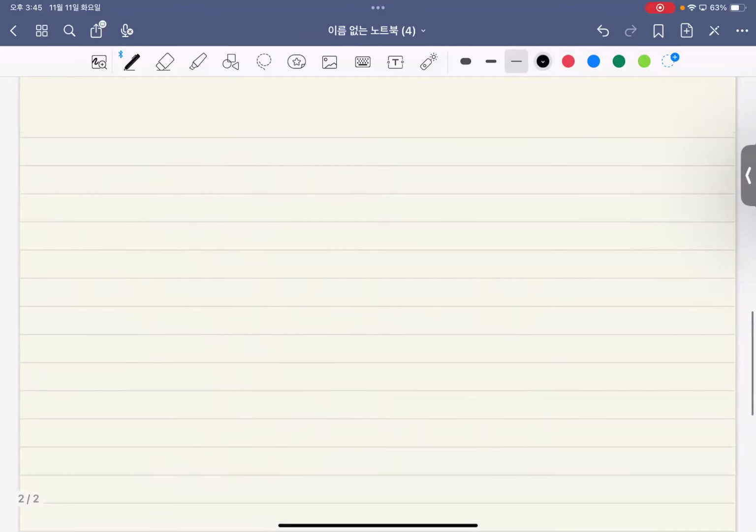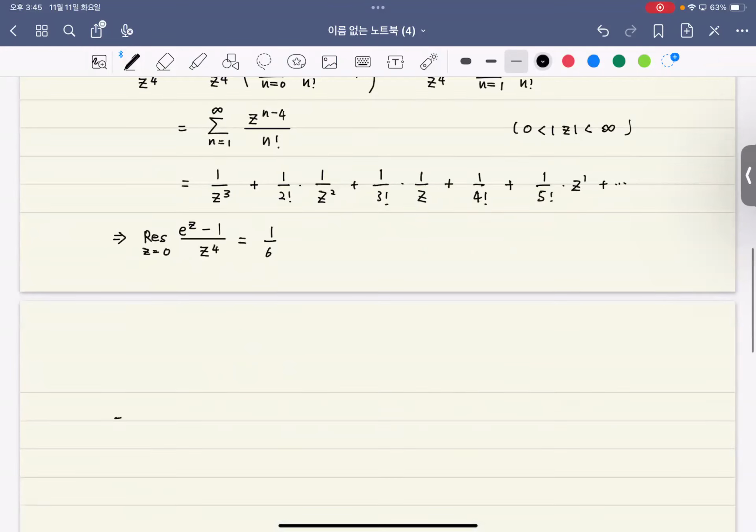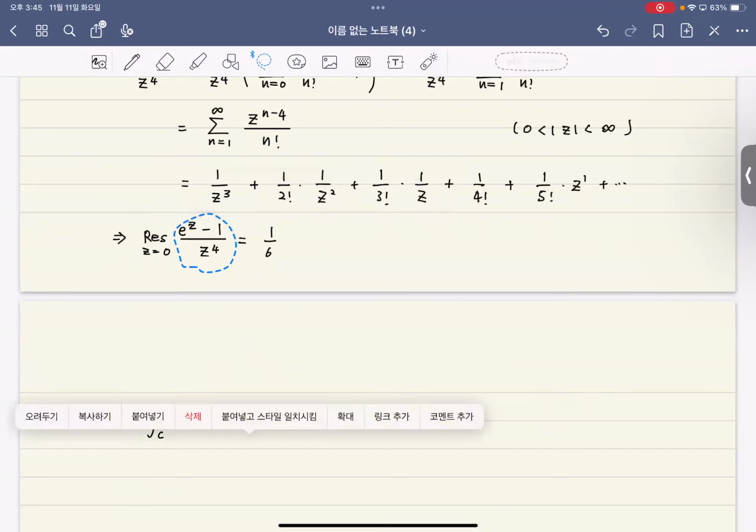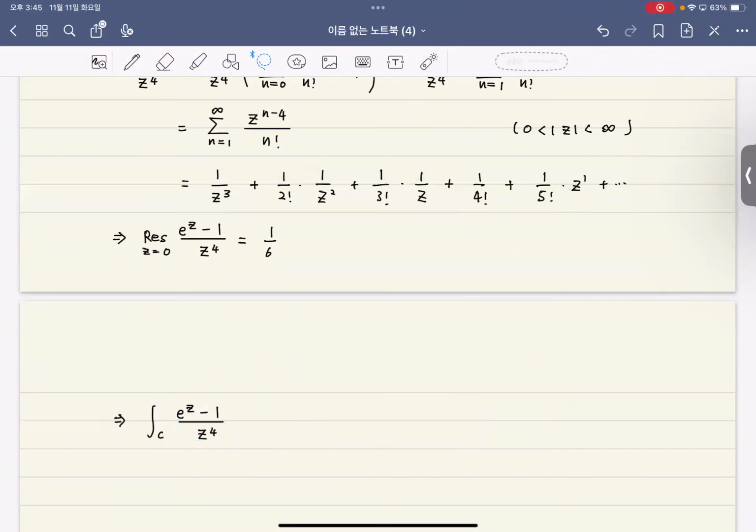As a consequence, the integral of this function about this closed curve is just the residue times 2 pi i, which is pi i over 3.